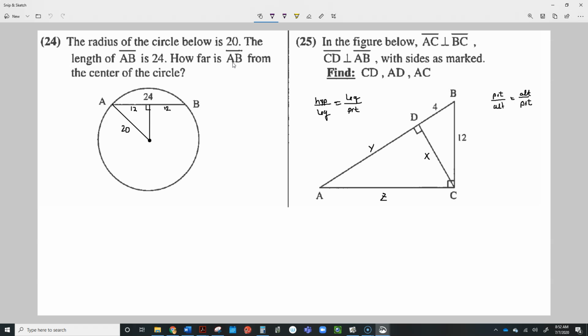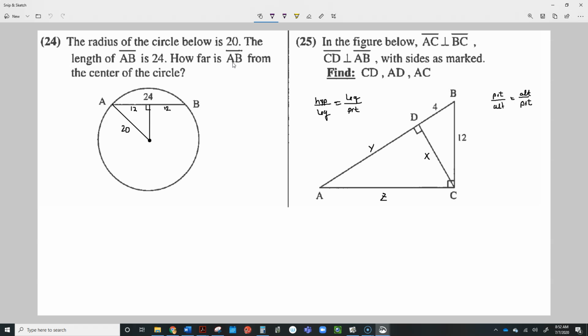So I know that this is part of a radius, so I can draw a radius perpendicular to that chord, and when I do that, I create obviously a right angle, and it divides that chord into 2 equal pieces. So that's why I did a 12 right here and a 12 right here.